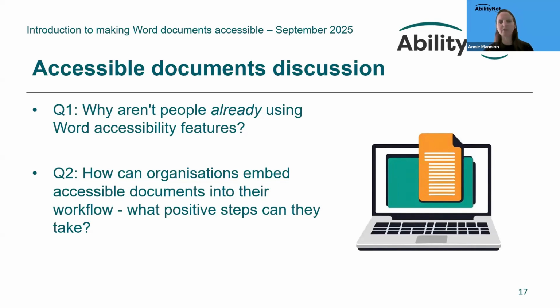So just secondly, how can organisations embed accessible documents into their workflow? Are there particular positive steps you can recommend? So we were just showing the accessibility checker, or as it's now called, the accessibility assistant. And I think that's a really useful thing to get everyone in the organization using.